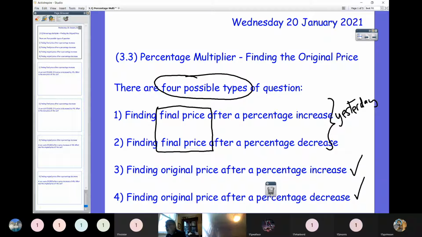While the worksheet is just going to be on numbers 3 and 4, I want you to see all 4 together and see the similarity, but also the differences. So I'm going to do one example on all 4, so you can compare and contrast them. We're going to do pretty much the same question, but under each of those 4 different scenarios.